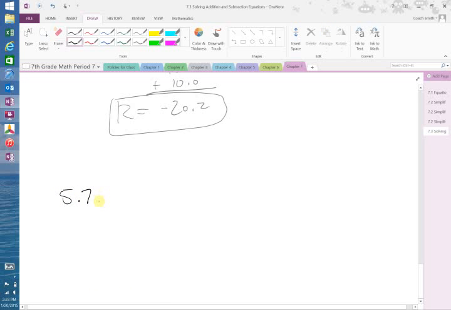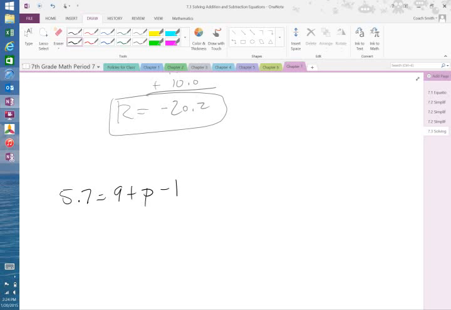5.7 is equal to 9 plus P minus 1. Now, there are two different ways that you can do this problem.